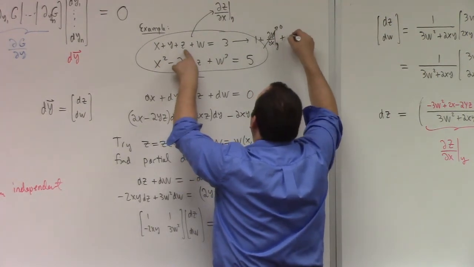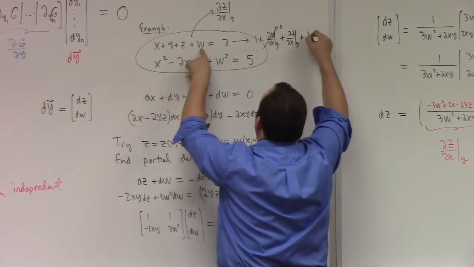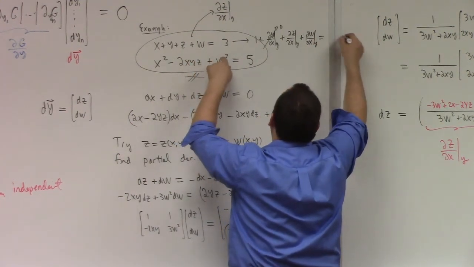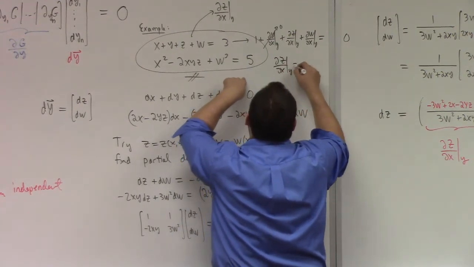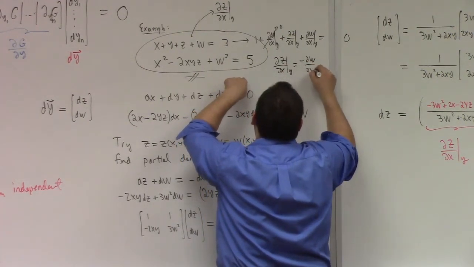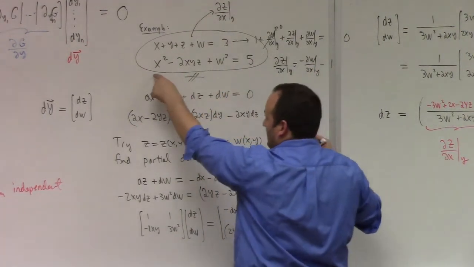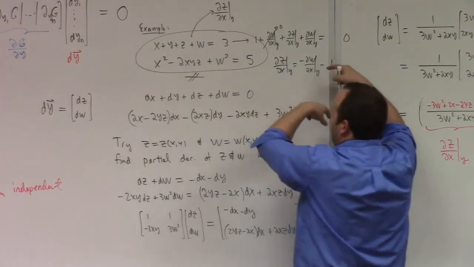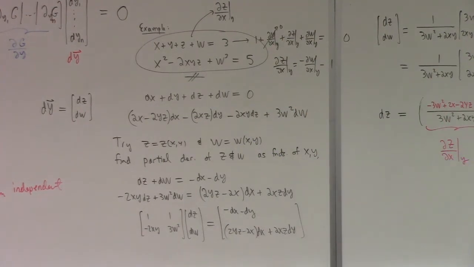But this is partial z, partial x, which is what I'm after, and then plus partial w, partial x holding y fixed, which is something else that is not what I want. So this tells me partial z, partial x holding y fixed is equal to minus partial w, partial x holding y fixed minus 1. And then I have to use this relation to get partial w, partial x, and plug that in there. After that's done, I have to solve for partial z, partial x. That's how you do these kinds of partial differentiations without matrix stuff.